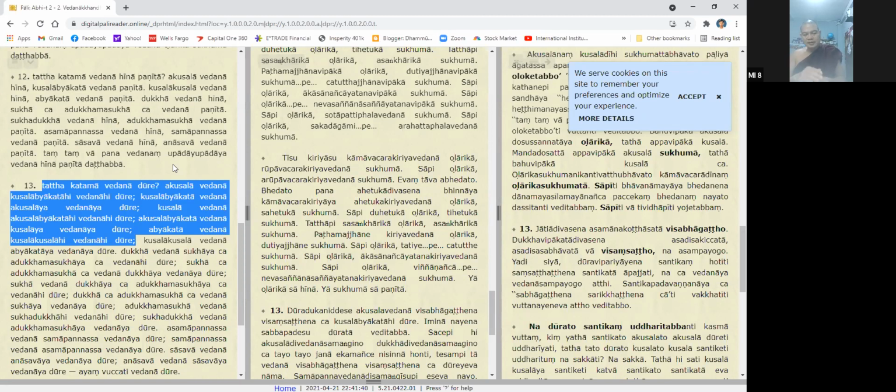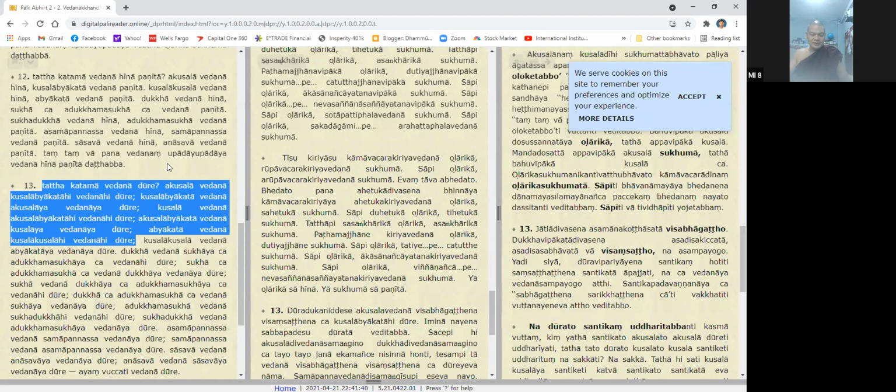Kusala, akusala, abyakata, but a little bit different, not totally the same. Here akusala is far from kusala and abyakata. Kusala and abyakata are far from akusala.